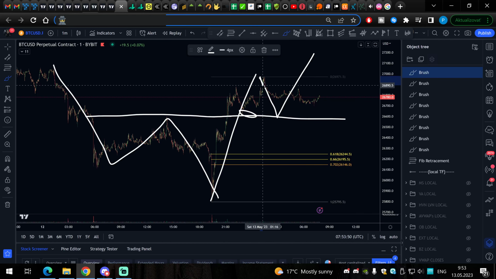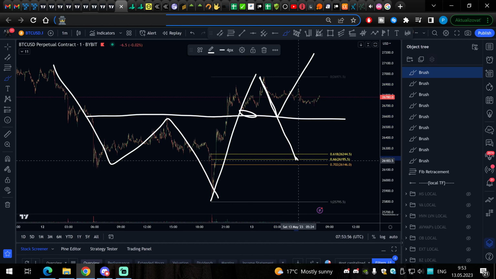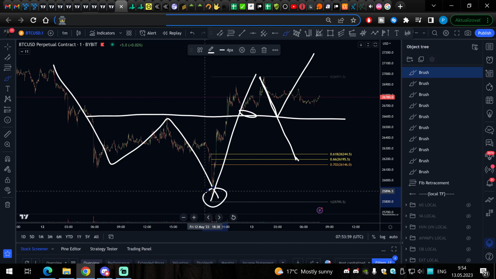For a much deeper pullback, you actually go lower, and the golden zone is the ideal place to add to your position from here, which we initiated yesterday, and to initiate new positions. If you miss this, you're looking at the golden zone to participate in the move. Why? Because you anticipate.